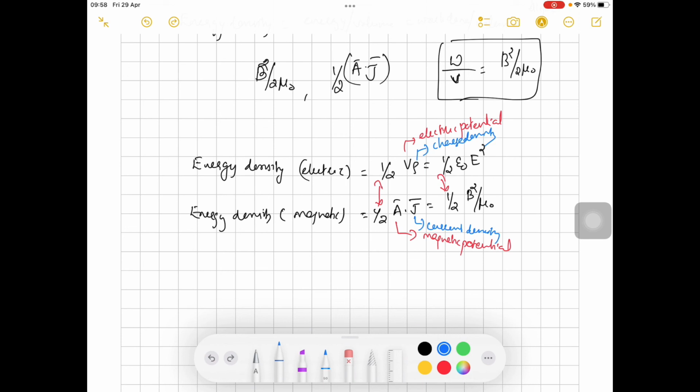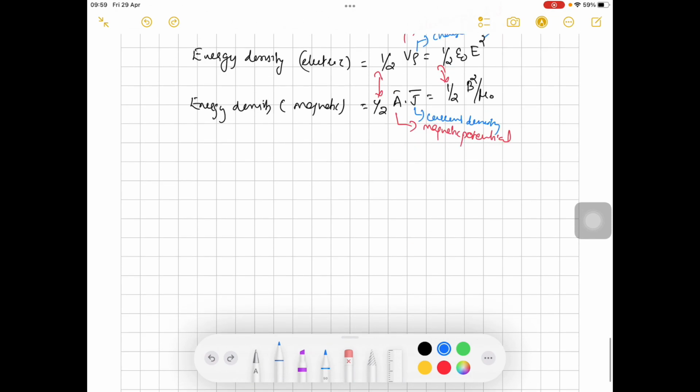Instead of epsilon 0, which is the permittivity of free space, here we have 1 by mu 0, where mu 0 is the permeability of free space. So this is the expression for energy density: half epsilon 0 E square for the electric field, and half B square by mu 0 for the magnetic field. Thank you.